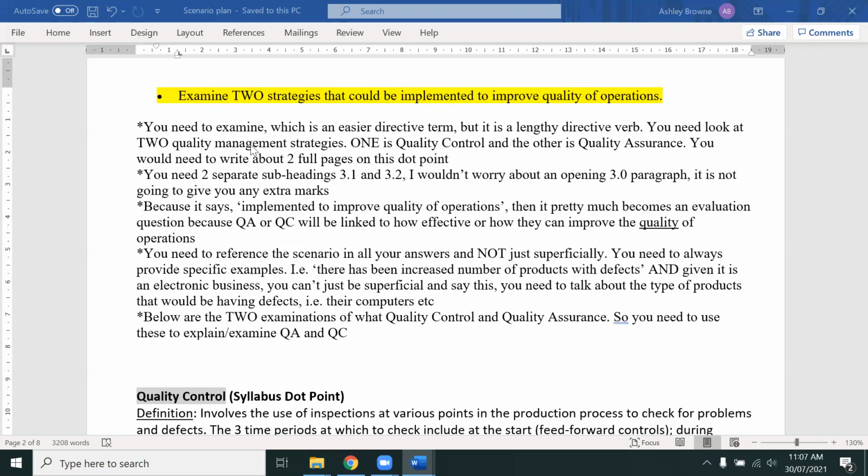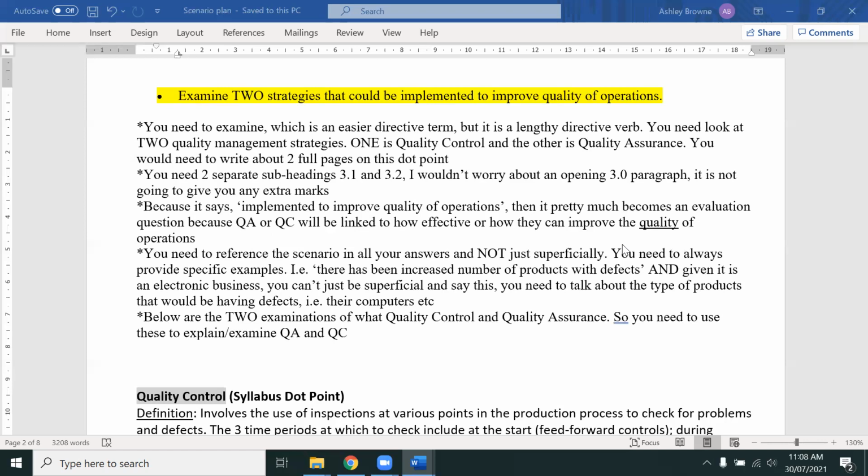All right, so looking here, guys, we're looking at 2 strategies of operations. I would be picking quality control and quality assurance, okay? Yeah, look, it could be from 2 different ones, so I wouldn't mind if you didn't just do quality control and quality assurance.